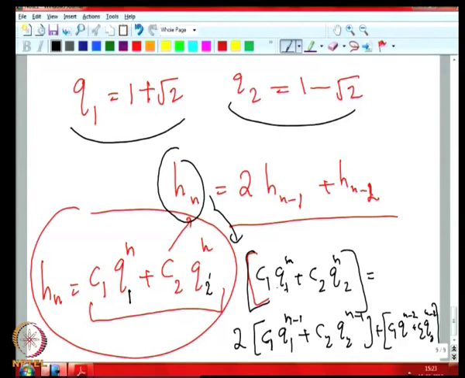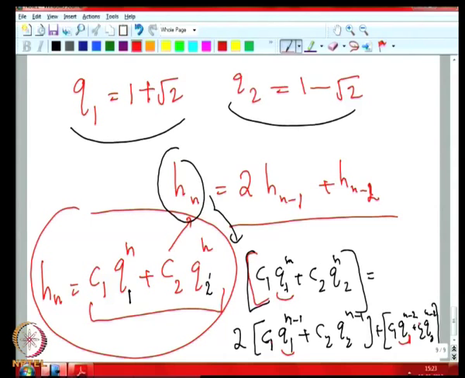Here we have Q1 raised to n, here Q1 raised to n minus 1, here Q1 raised to n minus 2. So, here this is C1 into Q1 raised to n, here it is C1 into 2 times Q1 raised to n minus 1, and here C1 into Q1 raised to n minus 2.